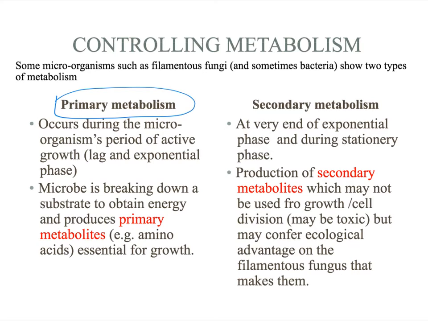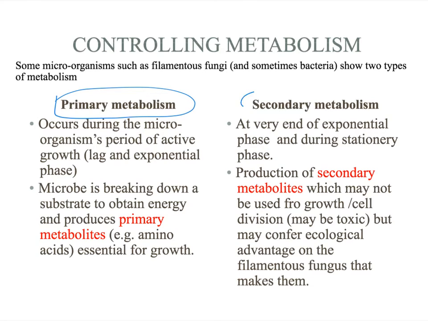What's happening there is the microbe is breaking down substrates that have been given to the organism that we've got in a fermenter that we want to grow. We're giving it amino acids and all sorts of other things for growth, and that's the primary metabolism that's occurring.